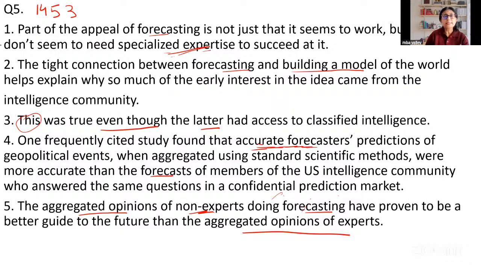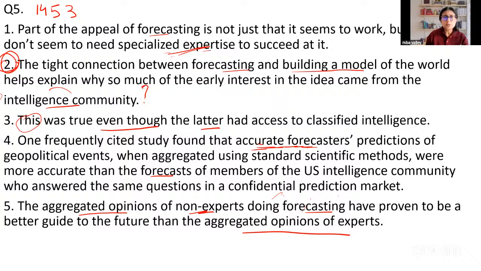Now look, sentence number 2 is what we have left. Let's look at sentence number 2 now. Okay, this is sentence number 2. The tight connection between forecasting and building a model of the world helps explain why so much of the early interest in the idea came from the intelligence community. What is sentence number 2 doing?